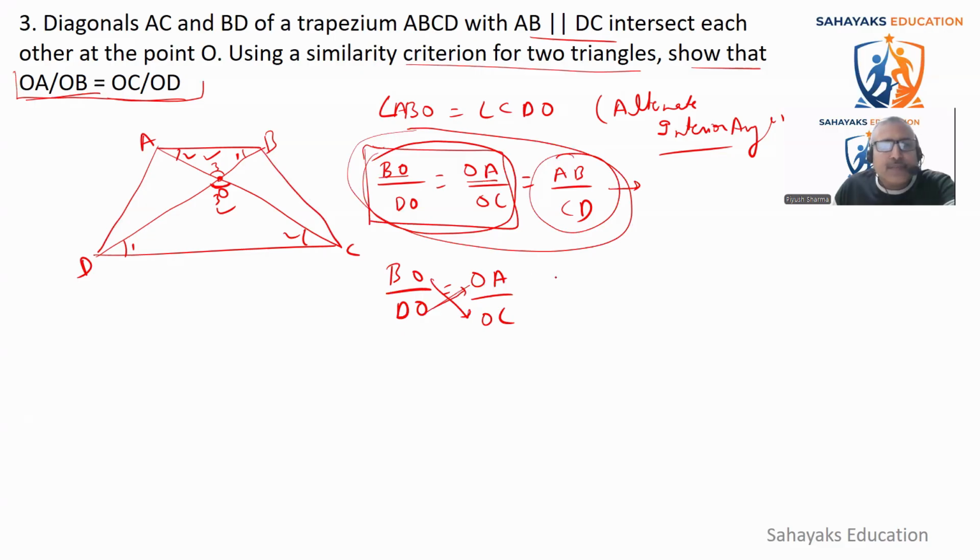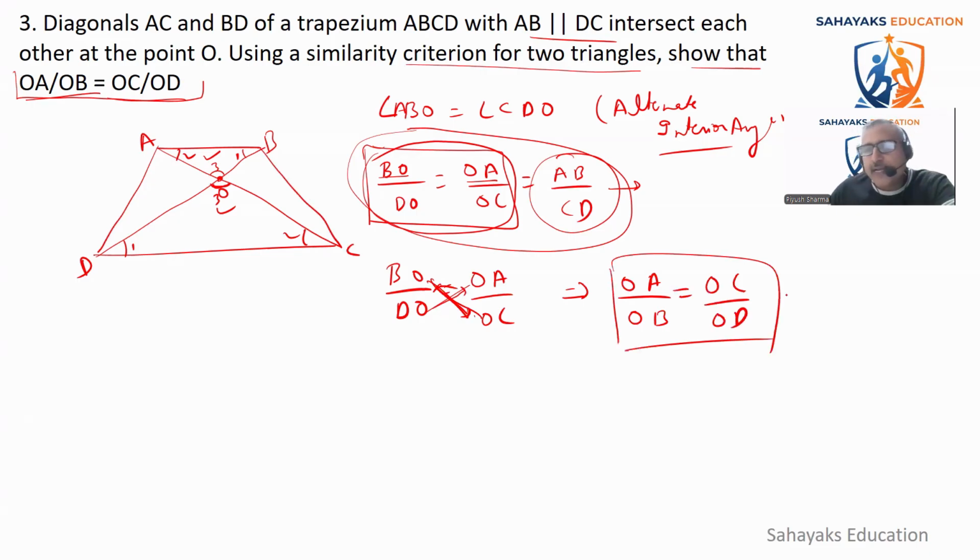So it becomes OA divided by OB, because OB has gone down, and I'm taking OC up here, is equal to OC divided by OD. So this is what we had to prove. Hence proved. Coming to the next question.